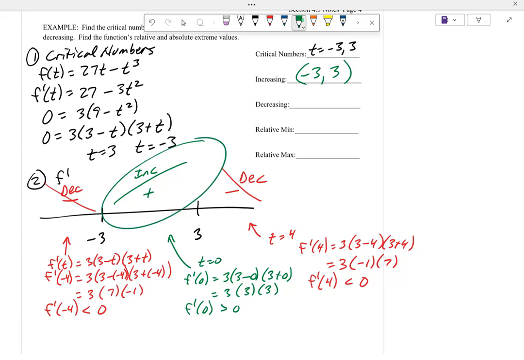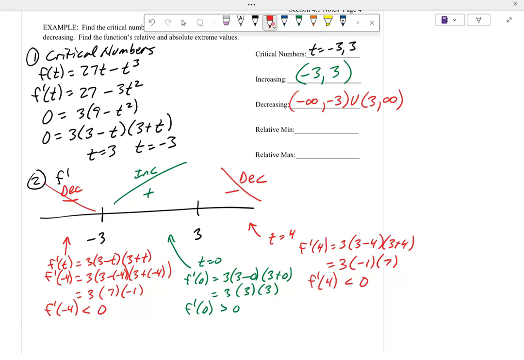Hopefully you can see that on the graph. Between negative 3 and 3, the original function is increasing. And we're decreasing in red from negative infinity up until negative 3. And then after 3, we're also decreasing, so 3 to positive infinity.